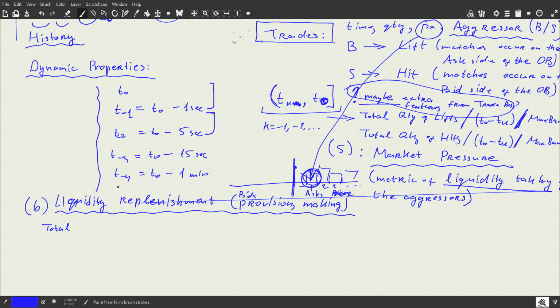So probably you would in this case again consider the order book spectrum.